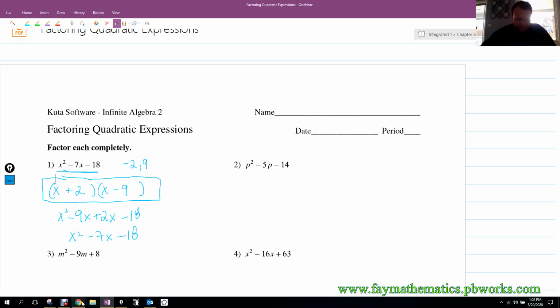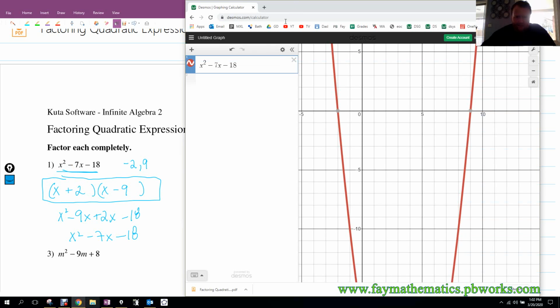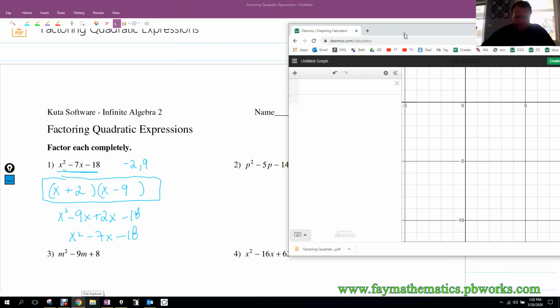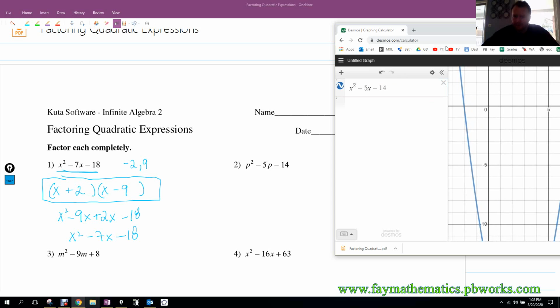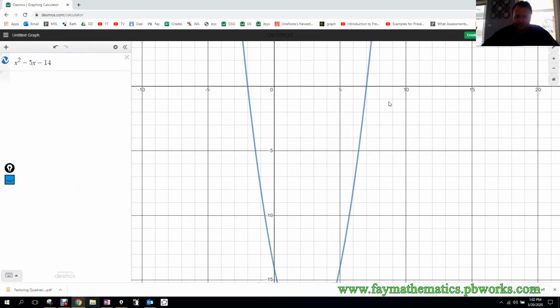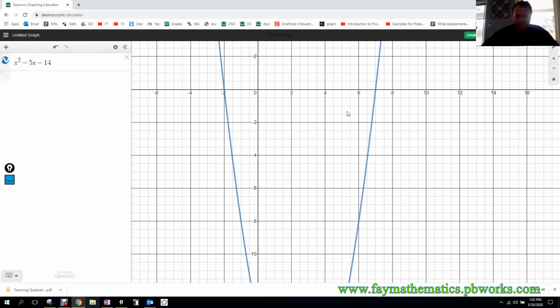So let's try another one here, to see if this is something that will always work for us. Let's try this one where it goes p squared. If I'm going to use Desmos and use this graph, I can't use p. It won't graph p. It has to be x. So then -14. I get this picture here, and we're going to see where it crosses.